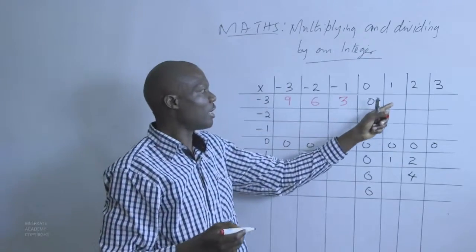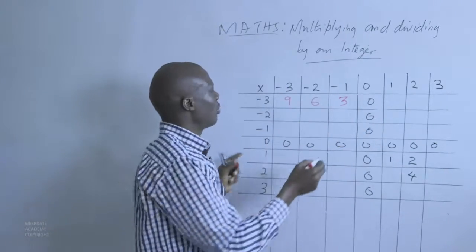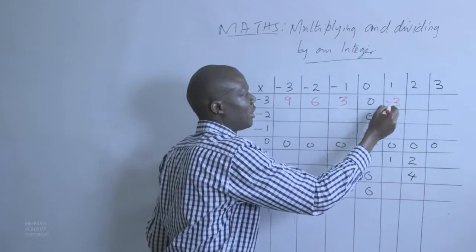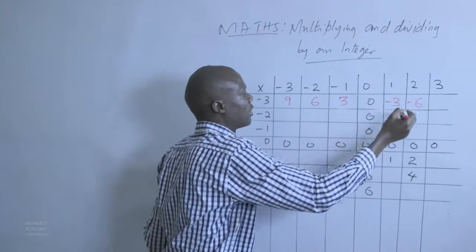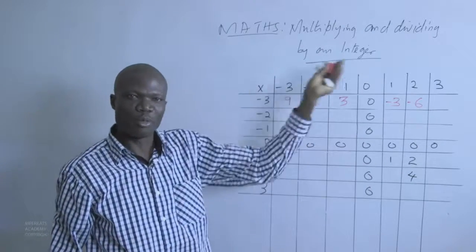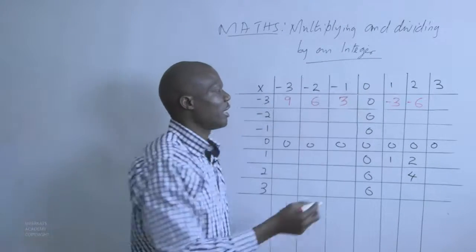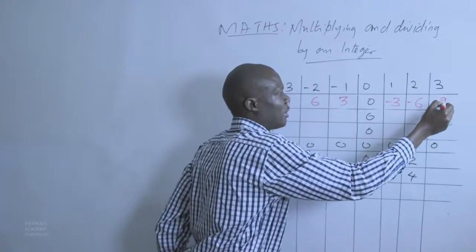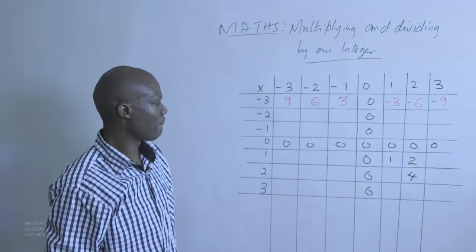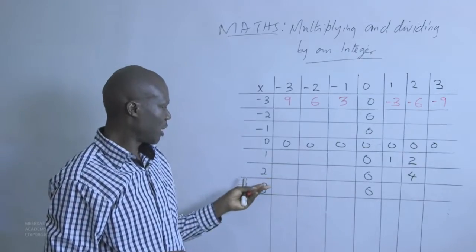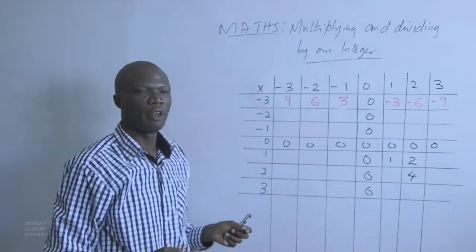Negative 3 times positive 1 is negative 3. Negative 3 and 2 is negative 6. Negative 3 and positive 3 is negative 9. Let me take the one for 2 here.